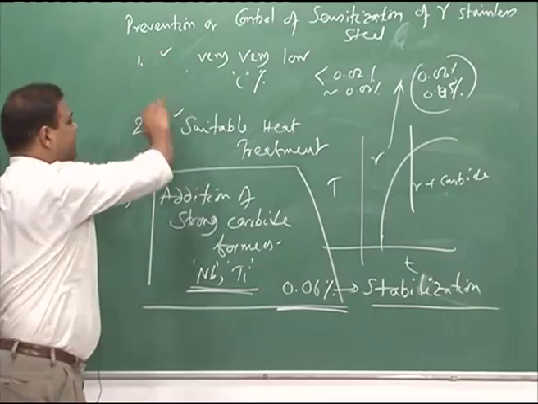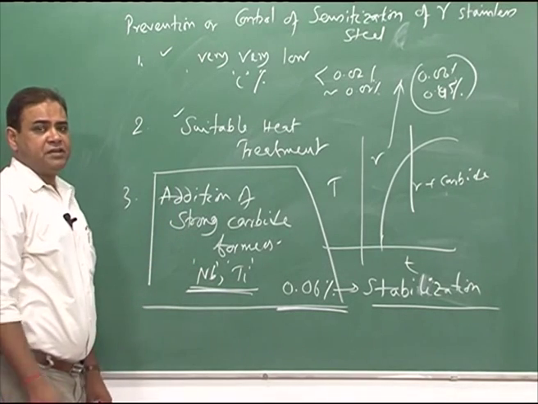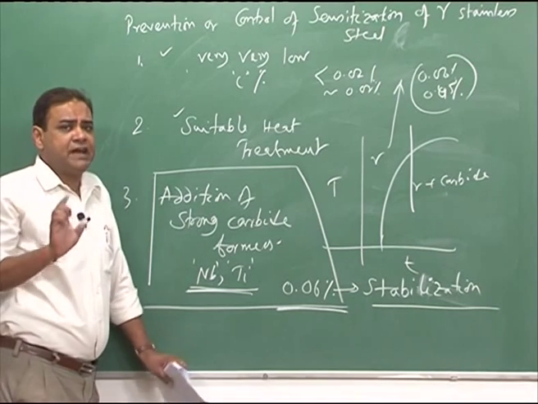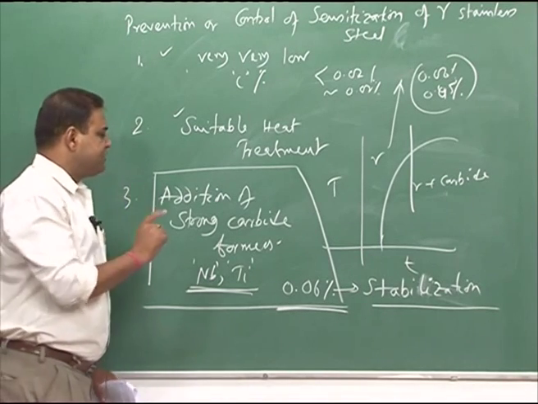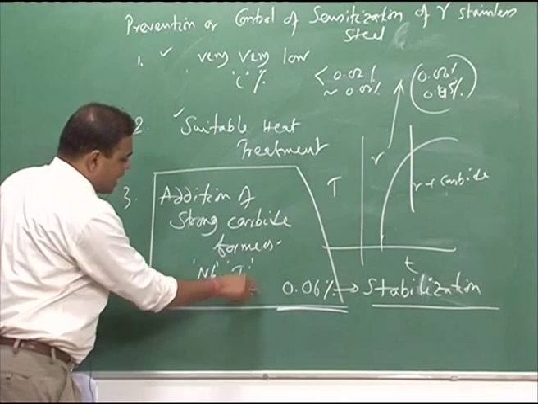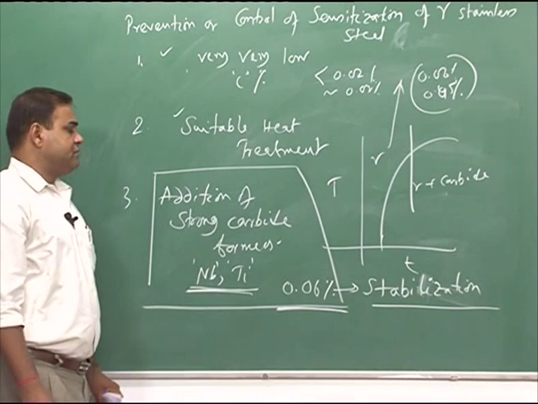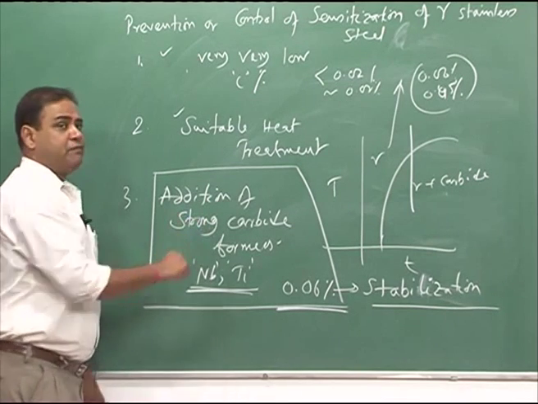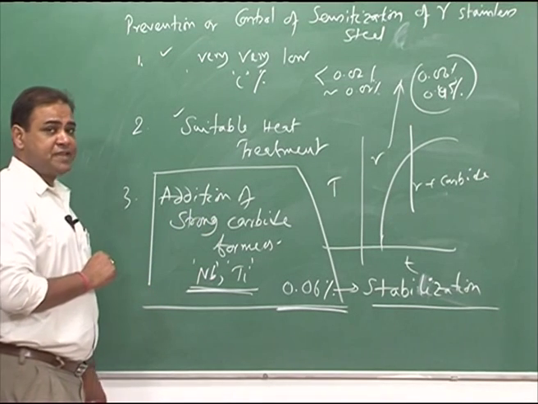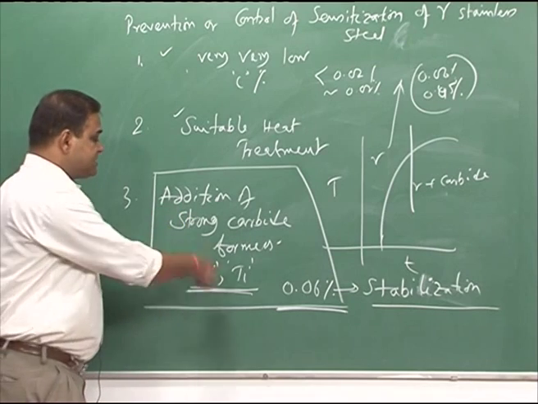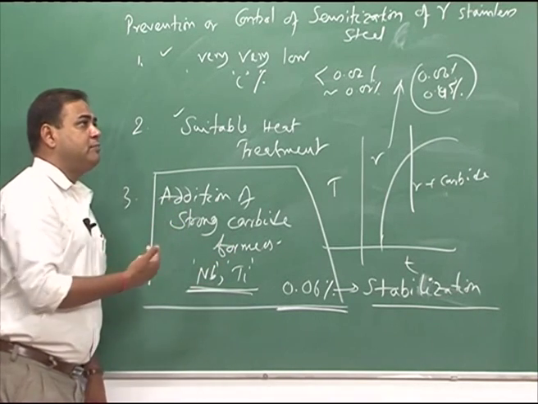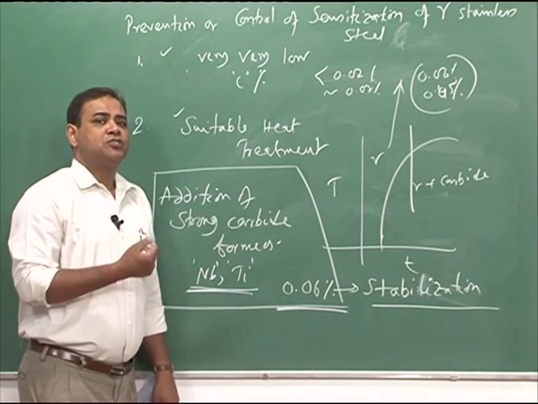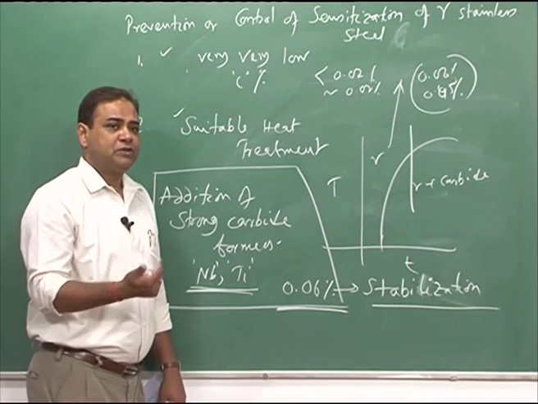The other two cases are not stabilization. Whenever we say that the sensitized steel is stabilized, it always means that niobium or titanium are added, and we have the formation of titanium and niobium carbide in the steel. When these form, they do not allow chromium to form chromium carbide, because not much carbon is left in the system.